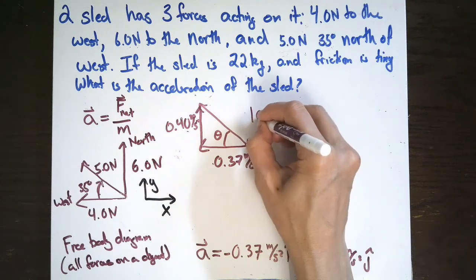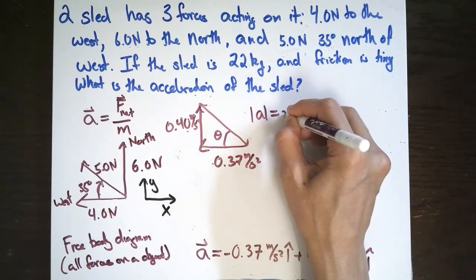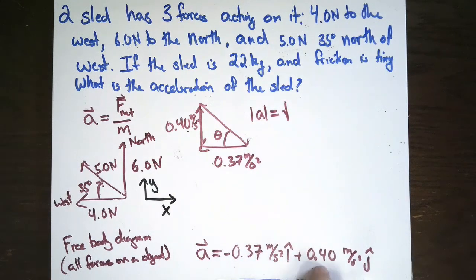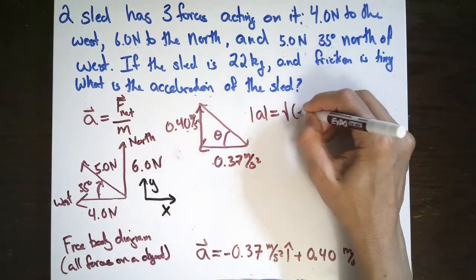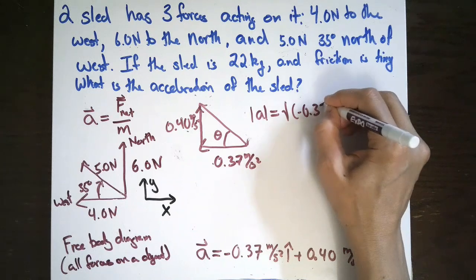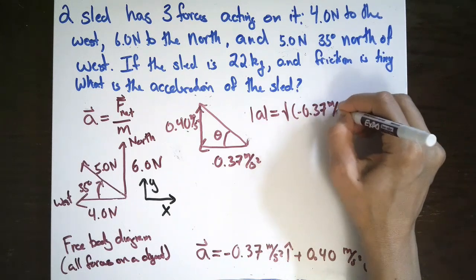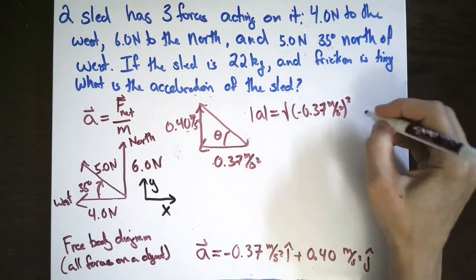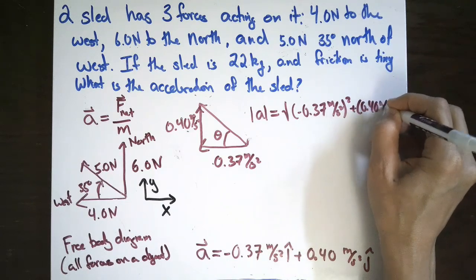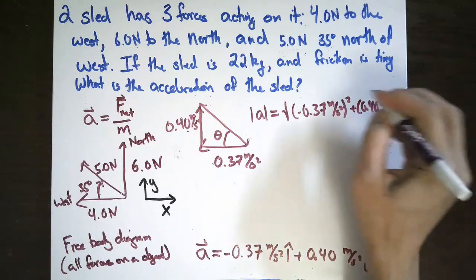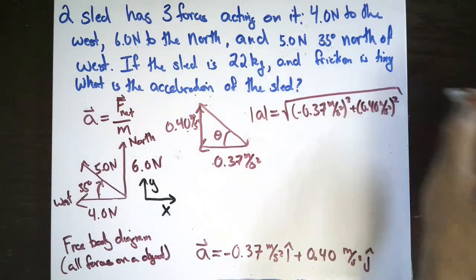So the magnitude of the acceleration is going to be the square root of each of its components squared, each of these 2 sides of the triangle squared. So negative 0.037 meters per second squared, all of it, plus 0.40 meters per second squared, all of that squared. Take the square root of everything.